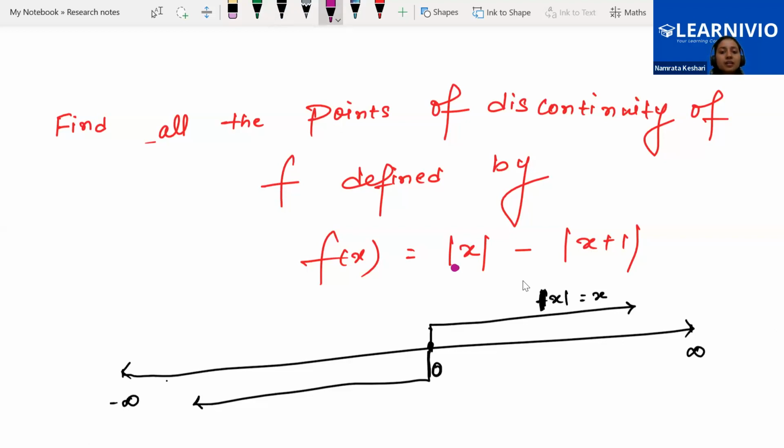Here we have this modulus of x, and we understand that modulus of x is defined like this. When x is bigger than or equal to 0, it will just give the output as x. And when it is smaller than 0, it will give minus x, right? Yes, miss. And what about this mod of x plus 1? Can you tell me, Fatima, how to define it?